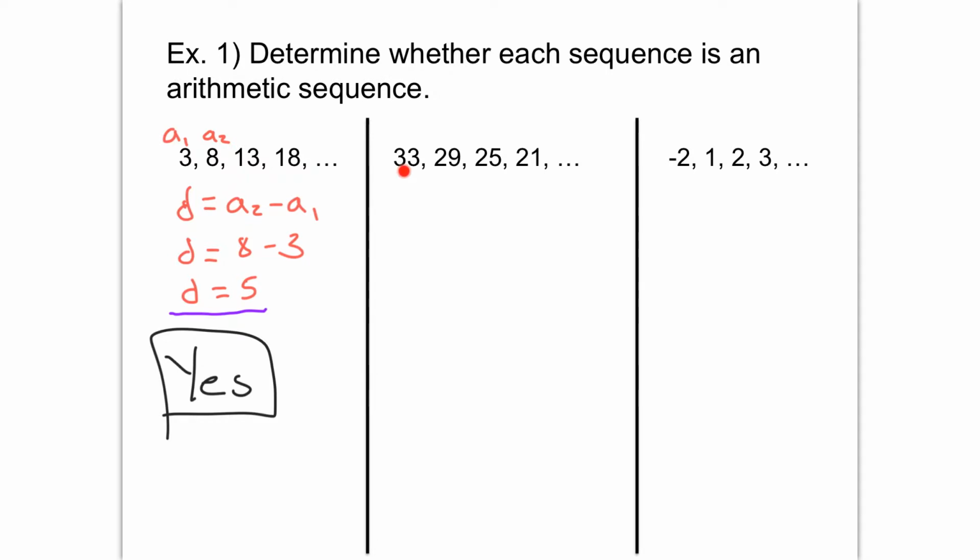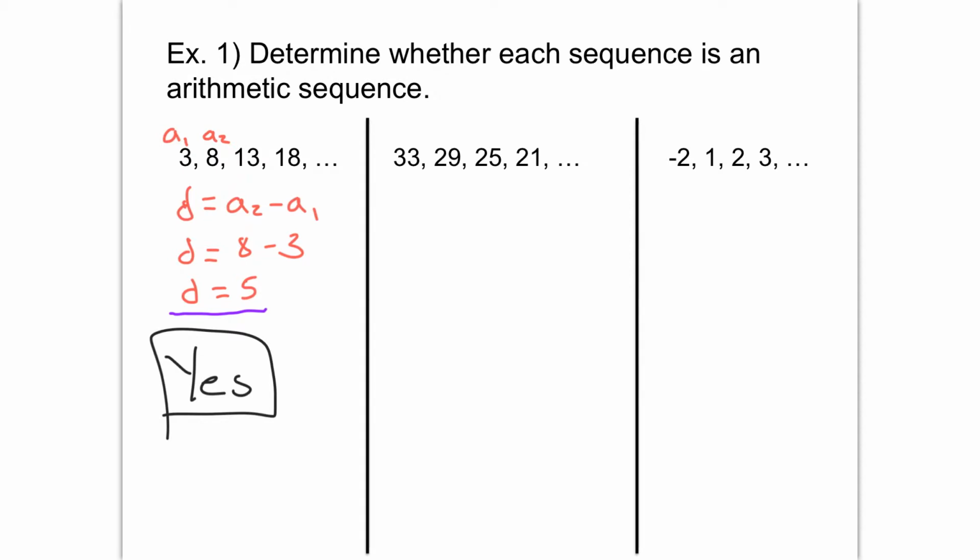So 33 minus 4 is 29, 29 minus 4 is 25, 25 minus 4 is 21. So it works every time. So my common difference is -4 because I'm subtracting, and that's where you have to be careful. If you say the common difference is 4, just a positive 4, that means you're adding 4, and we're not adding, we're actually subtracting.